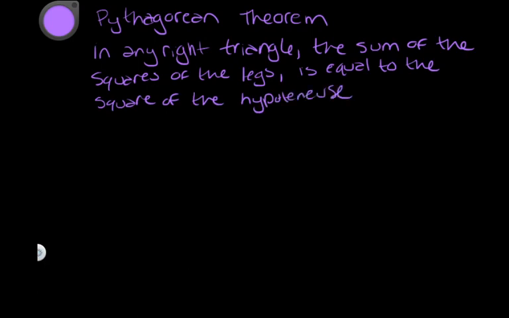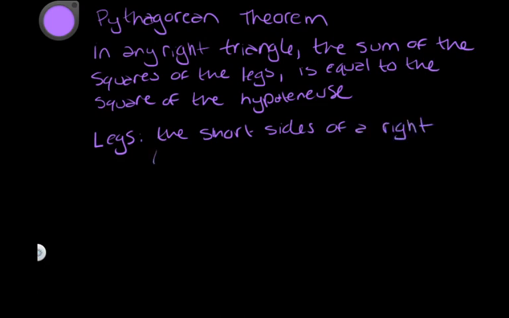Now that will make sense once we look at a diagram. I need you to know that the legs are going to be the short sides of a right triangle. And the hypotenuse is going to be the longest side of a right triangle.